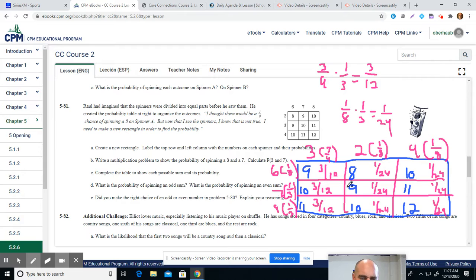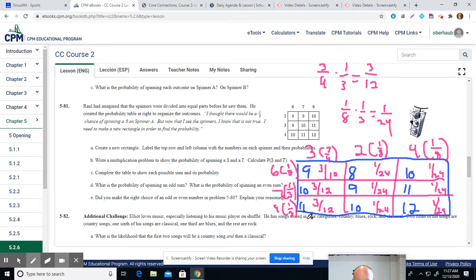Reminder: the blue numbers are what I get when I add up the numbers. 2 and 6 gives me 8. These here are the probability of getting that number. So the probability of spinning 2 spinners and adding them together to get a 9 is 3/12.